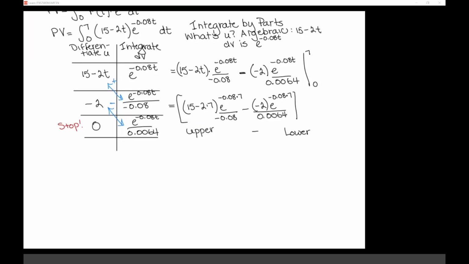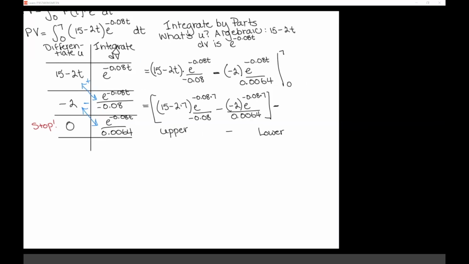So there's upper minus, and then the lower is the same expression, but it's got the zeros in there. So 15 minus 2 times 0 times e to the minus 0.08 times 0 over minus 0.08.